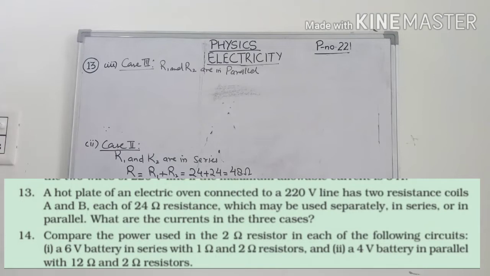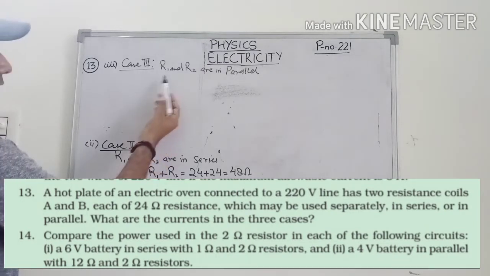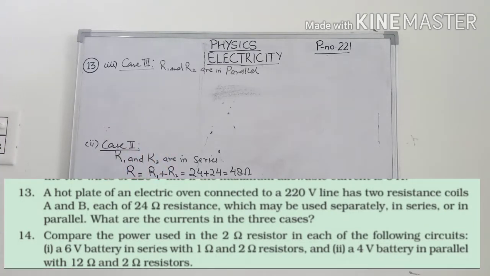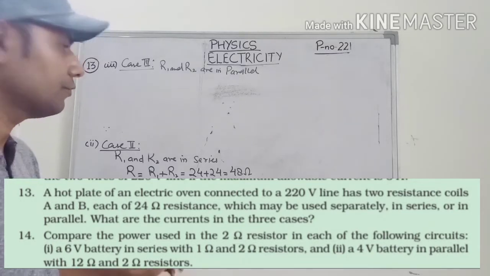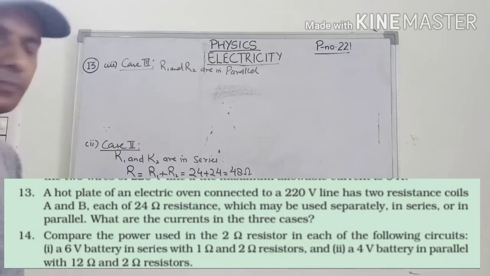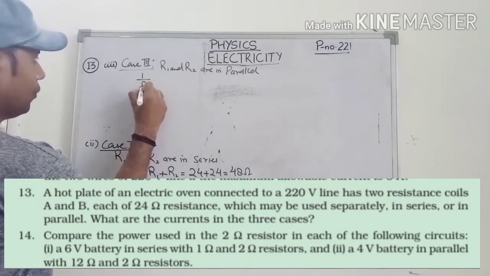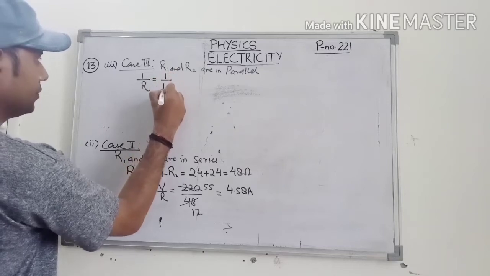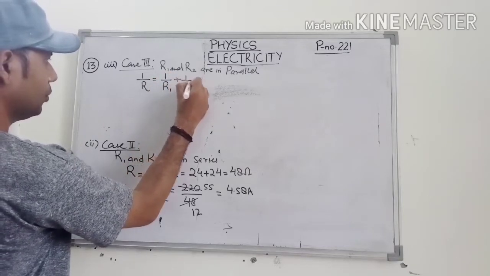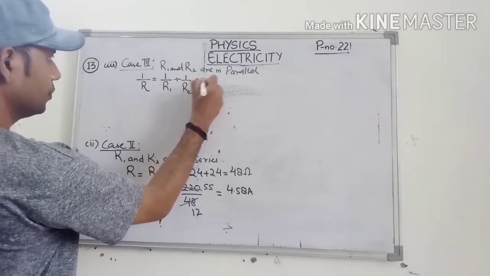Now for the third combination. Okay, now in the third case, we have to connect the two resistors R1 and R2 in the parallel combination, and then for this parallel combination you have to find the total current. Okay, so for the parallel combination, what is the formula? 1 upon R is equal to 1 upon R1 plus 1 upon R2.